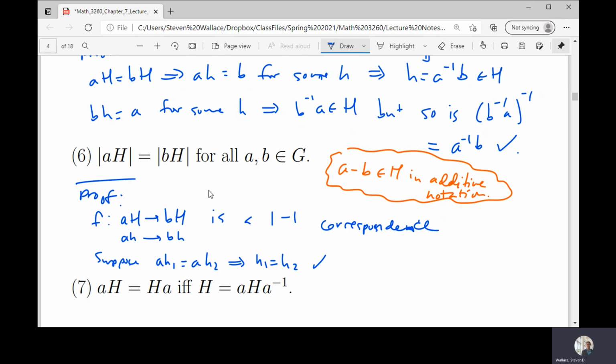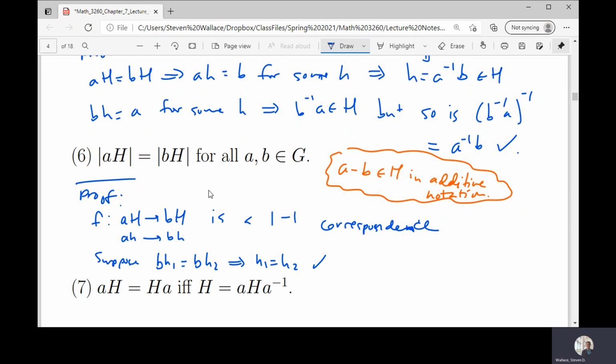Oops. This should be b's, right? So then, if say I have ah maps to bh1 and bh2, so there are two different elements.